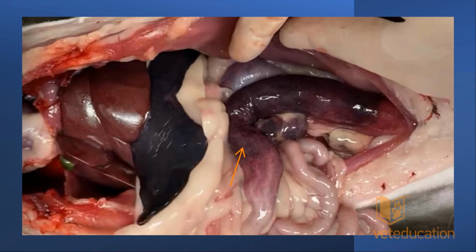Obviously, this cat has passed away, but this is evidence that we have a significant decrease in blood supply to this colon. This is a very, very fresh post-mortem in this particular cat. This colon here is devitalized. This animal had abdominal disease, but presented to the vet with respiratory distress.